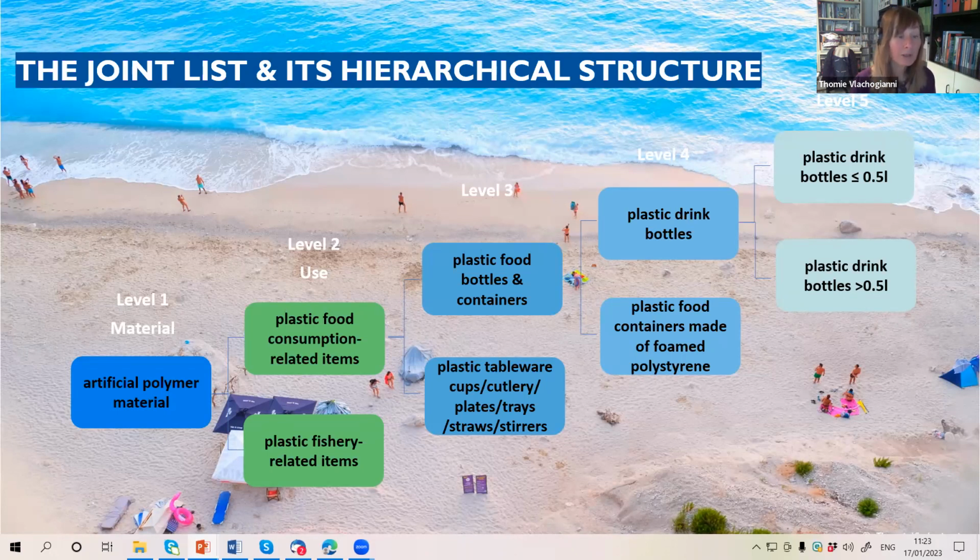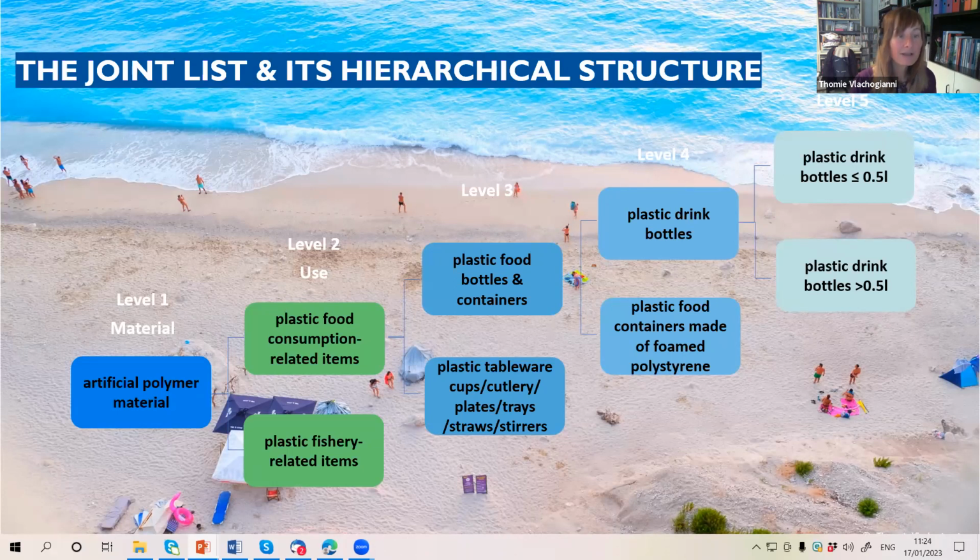So macrolitter items can be classified as artificial polymers, paper or cardboard, textile, glass, can. And then the second level is related to the use, and I will come back to that in my next slide. The third level goes into further detail, and we specify there, for example, in the case of food consumption related items, whether this is a bottle and container or whether this is tableware.